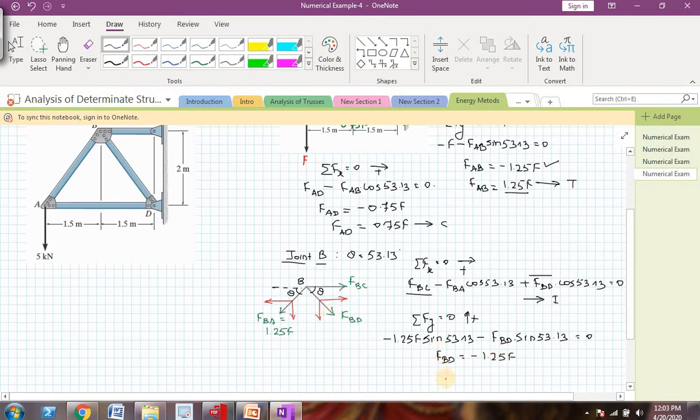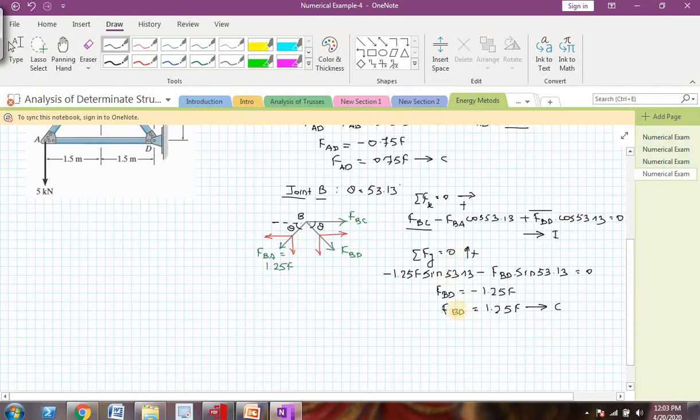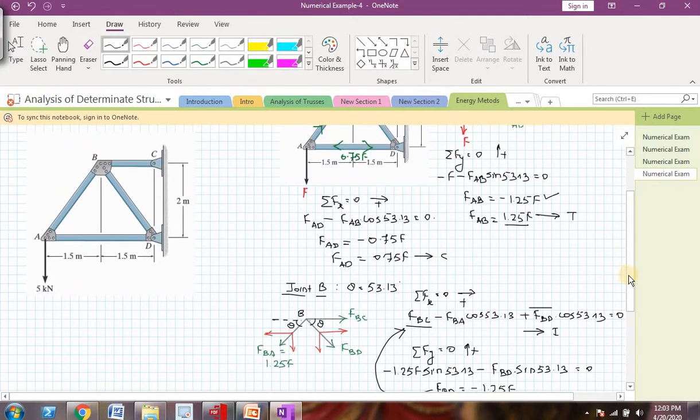It means BD you had assumed it as tension, but it is not tension, instead it is compression. So FBD is equal to 1.25 F compression. And when you substitute the value of FBD in equation 1, you have to substitute minus 1.25 and not plus 1.25. So when you substitute that, you will get the value of FBC as 1.5 F. So you're getting positive, it means FBC you had assumed it as tension, so it is correct.